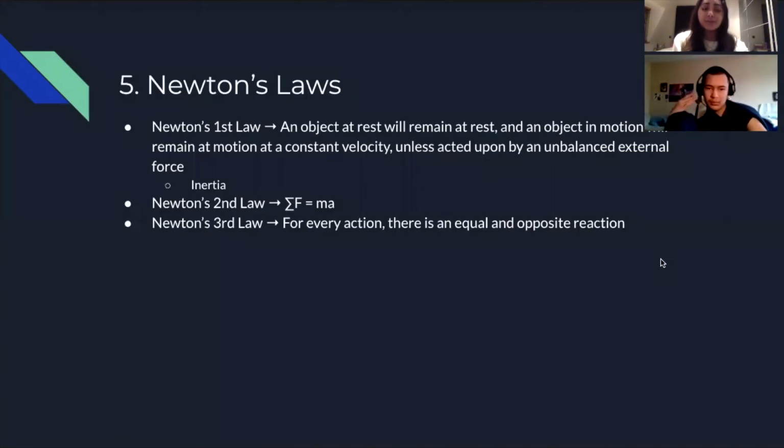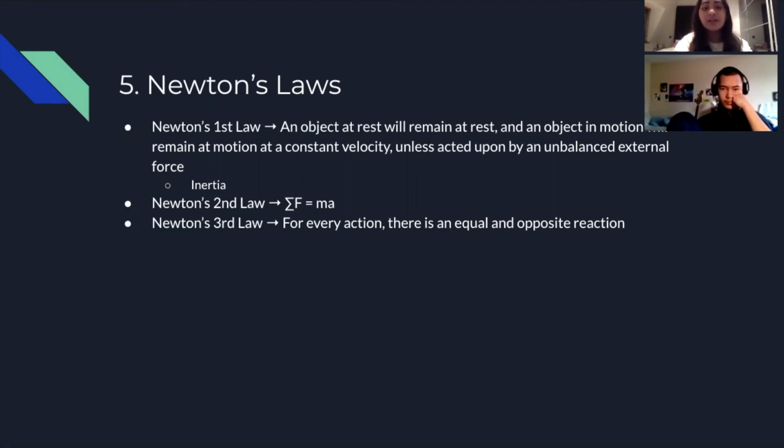Okay, and now Newton's laws. There are 3 laws of motion by Newton. The first one is that an object at rest will remain at rest, and an object in motion will remain in motion at a constant velocity unless acted upon by an unbalanced external force. This is basically the concept of inertia, that an object prefers to stay in its current type of motion rather than change.